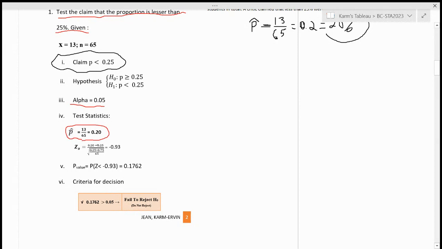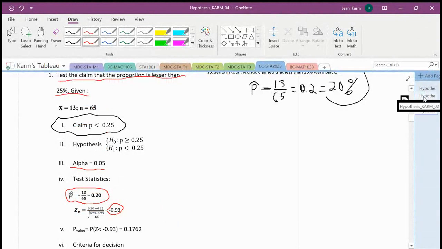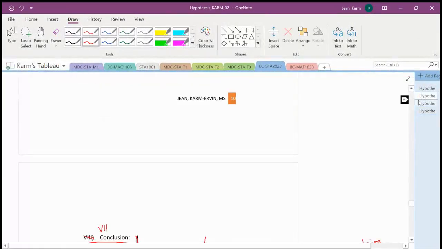Then I use the formula that I learned about the proportion, and when I did it, it gave me negative 0.93. If you cannot remember that formula, I can just remind it to you a bit. It's about 2 classes ago, and this is what we did.